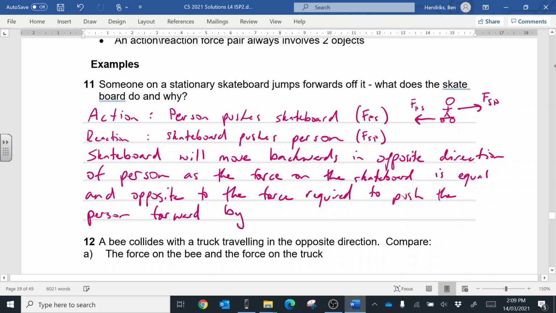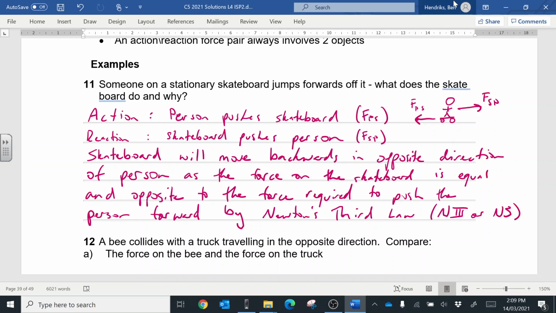So we'll just say by Newton's third law. Or you can just write N3, like that.